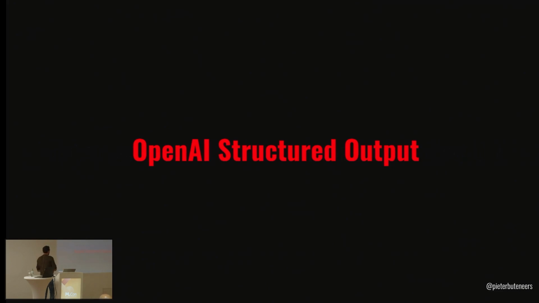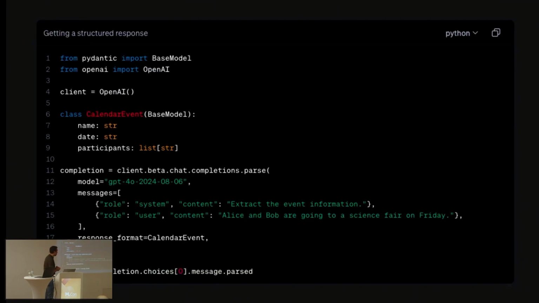Then there is the thing that we ended up using now in production that actually helped us the most, and that's the structured output from OpenAI. Basically solves all the problems that we're looking for, and it is using the same Pydantic base model as Instructor, but straight into the OpenAI toolkit.